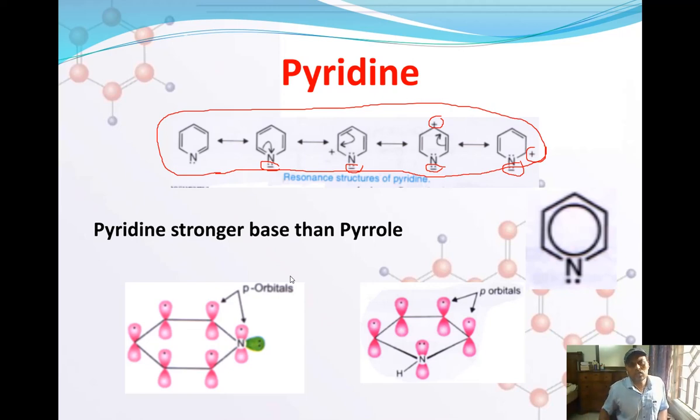What is a base? A base is a substance which can give a pair of electrons. Now between pyridine and pyrrole, this is the pyridine structure, and this is the pyrrole structure. Between these two, which one is ready to give the electrons, or which one has got more electrons?